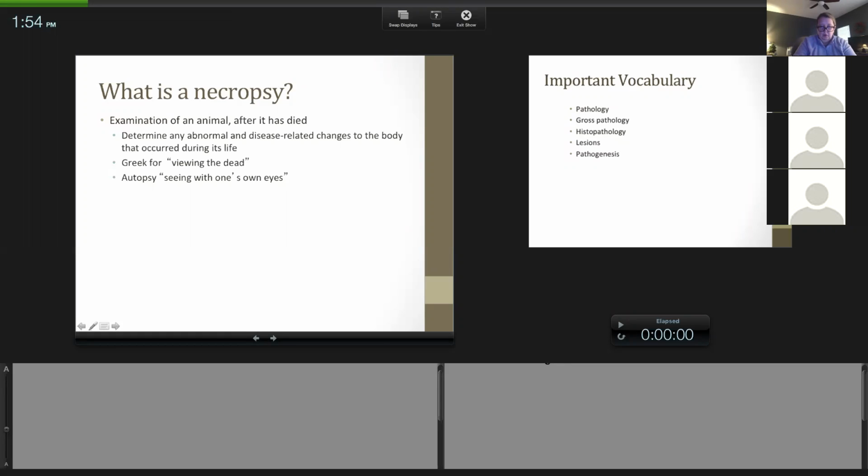What we're trying to do is look for any abnormal changes to the body, internally, that probably caused the animal's death. I'll give you an example. Say an owner brings in their dog that died in the yard, and sometimes they want a necropsy in the clinic by the doctor.